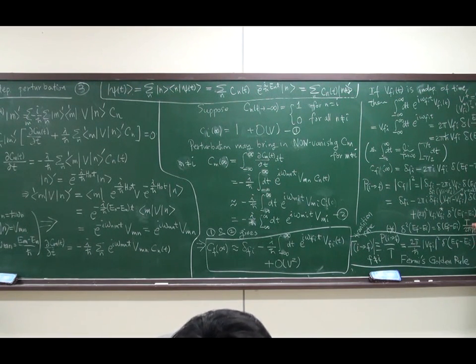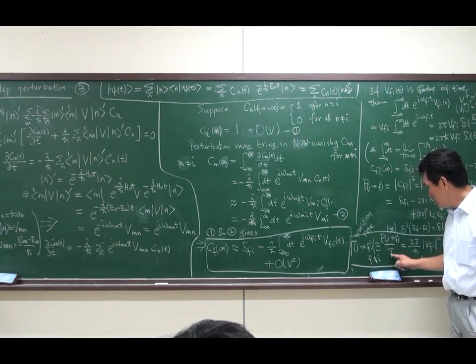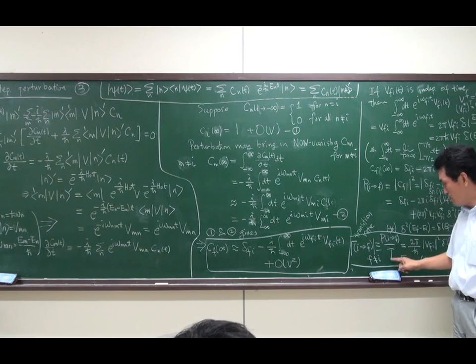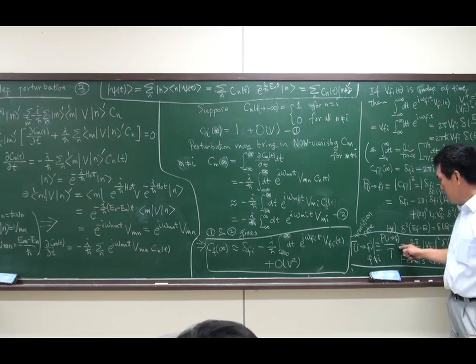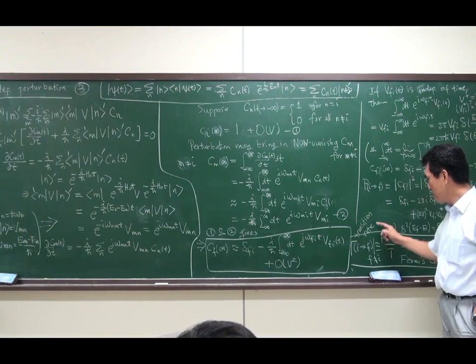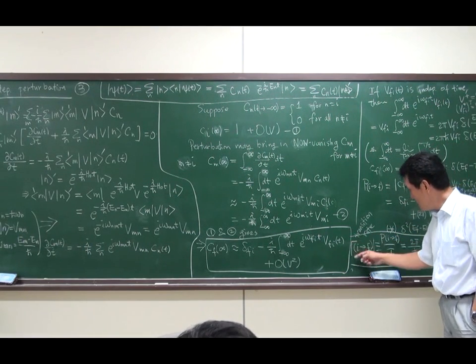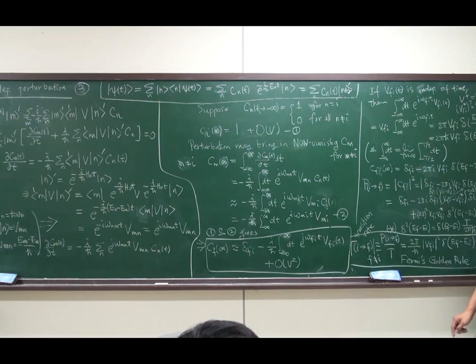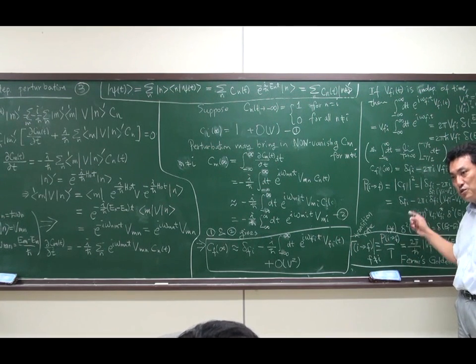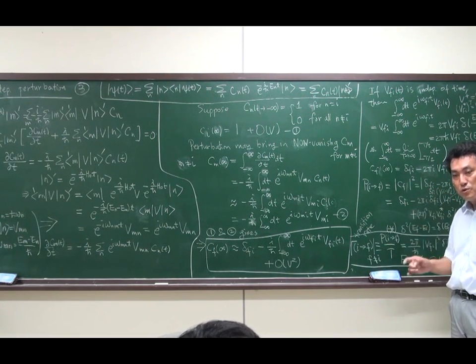If I make use of this fact, what happens? I have time on the right hand side and a single delta function. Let us divide both sides by the time capital T. Then probability divided by interaction time, that is probability per unit time, is the transition rate.